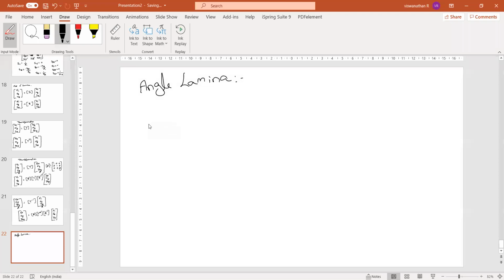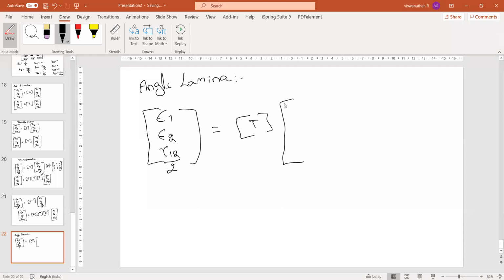So we'll start with this one. Suppose you want to find the local strains epsilon 1, epsilon 2, gamma 1 2 by 2. You use the transformation matrix and get the values of the global strains epsilon x, epsilon y, and gamma xy by 2.